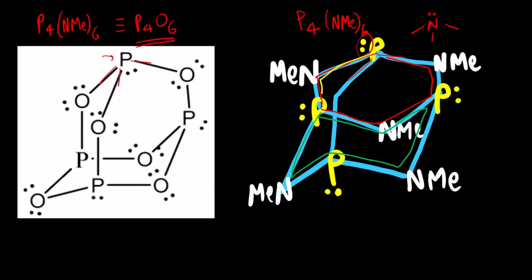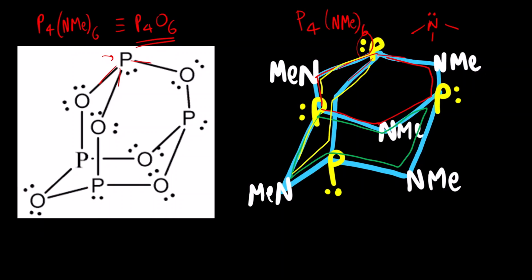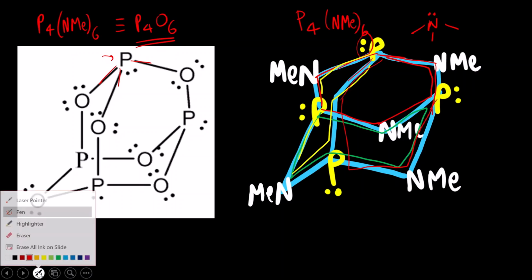Then one is this one, 3, and then there is another, that is this one. So 2 rings at the back and 2 rings at the front.